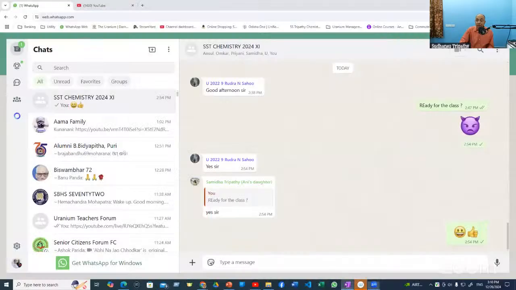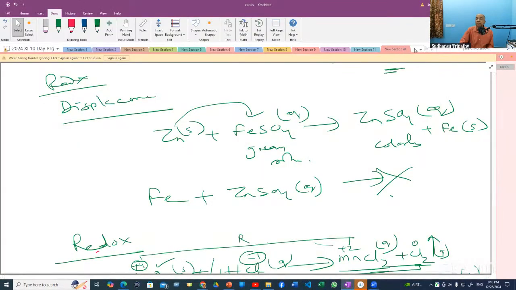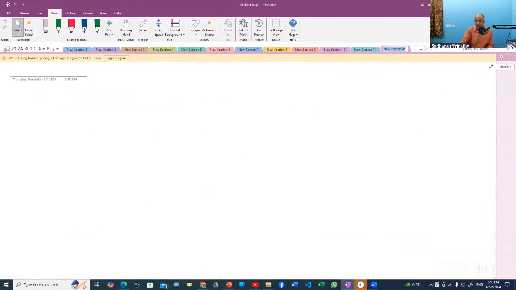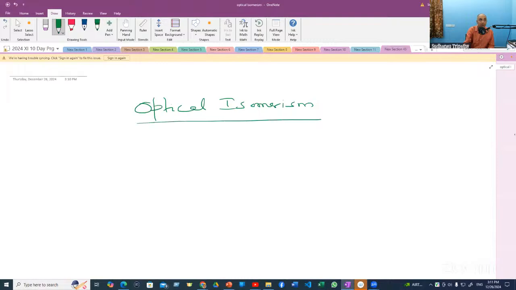So let me start today's proceedings. Let me share my screen. We will be focusing on optical isomerism now, which is a part of configurational isomerism.